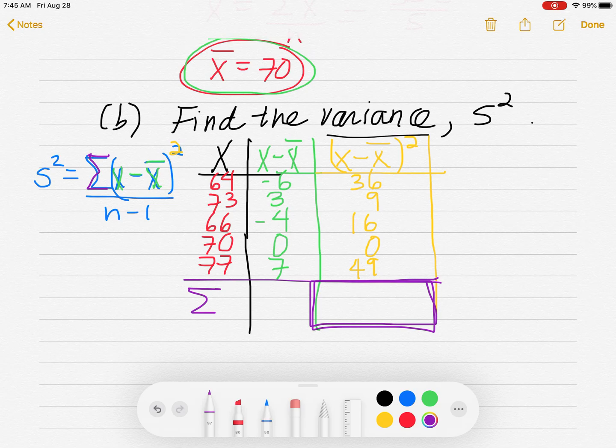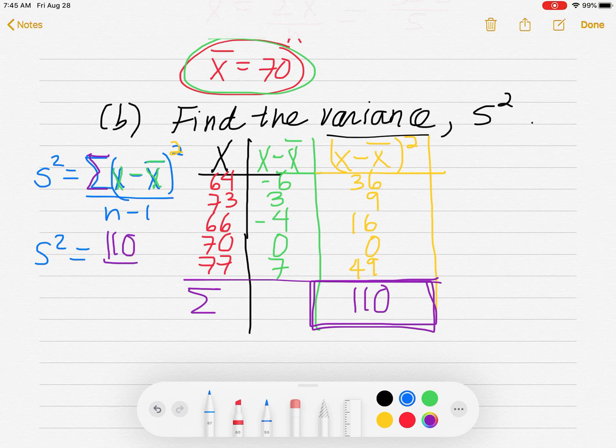I get 110. So s squared is going to equal that entire total, which is 110.